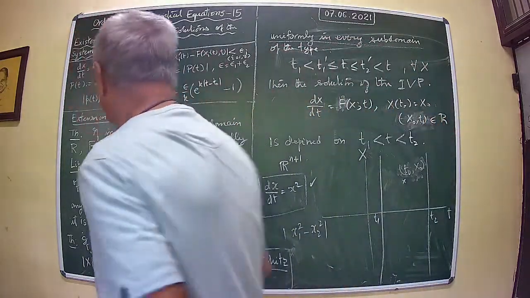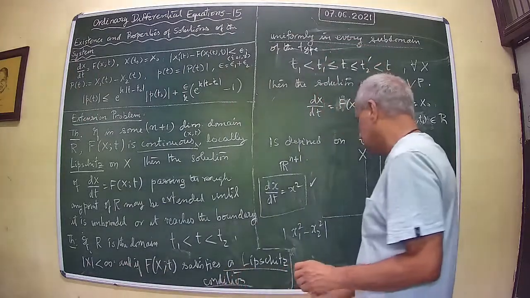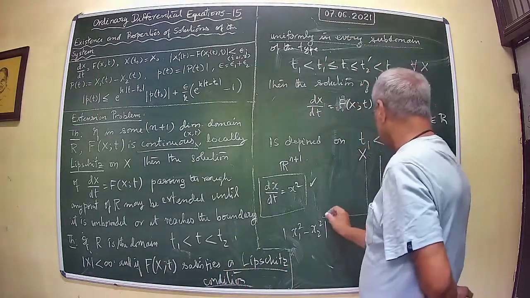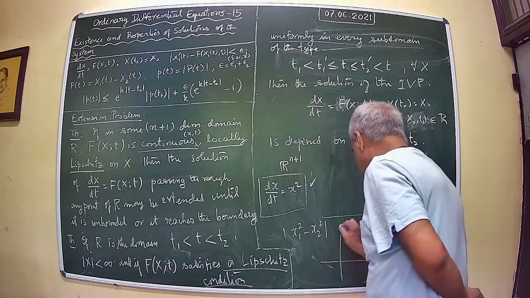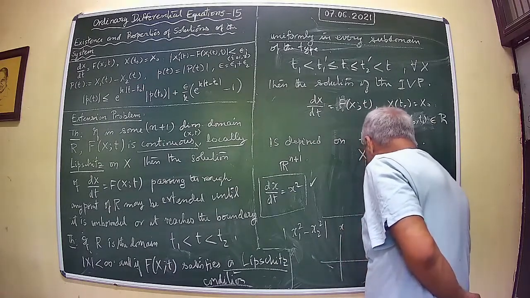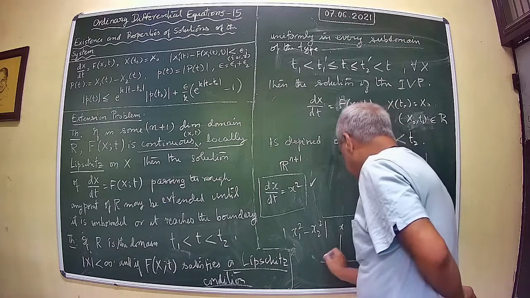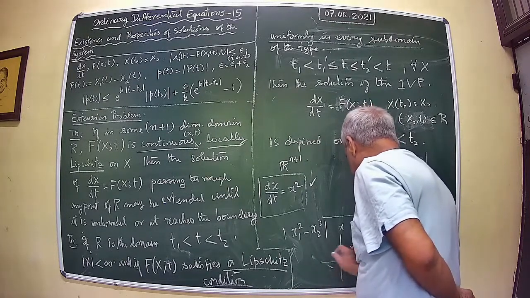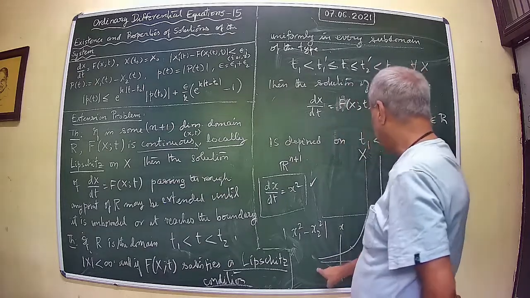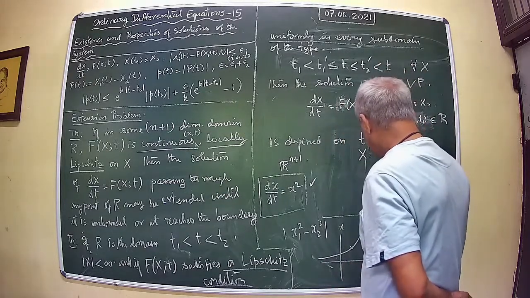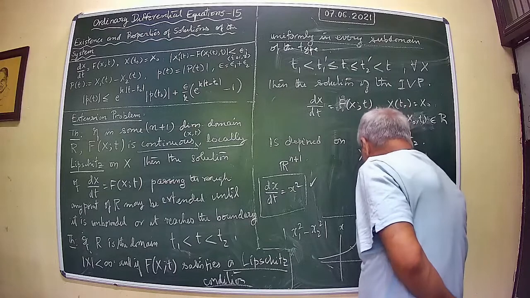That is why, for this problem we have seen the solution curve. So this is x and this is t. Then you see that the solution curve is something like this. It's defined from minus infinity to some place where the asymptote comes.